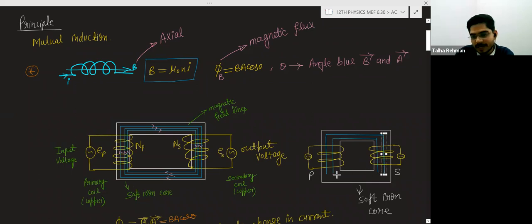So that is why this is the structure of the field lines.